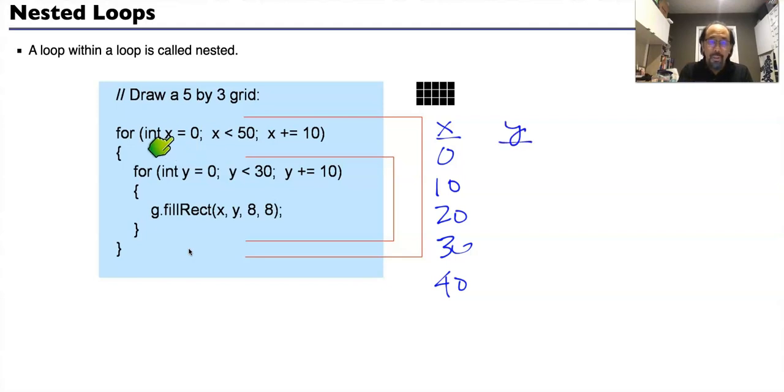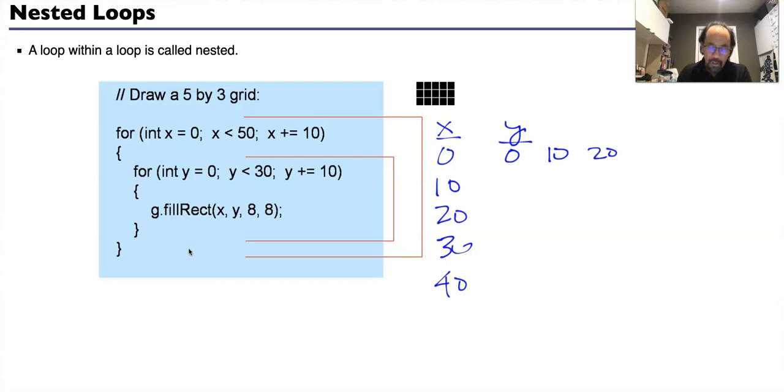Once we start off with x equals 0, we go into the inner loop. With the inner loop, y starts with a value of 0, then goes to 10, then 20, and then it stops. It doesn't hit 30, or it breaks at that point. So you can imagine that with the x value of 0, we're drawing a square once, then another square again, then another square again at these different y values.